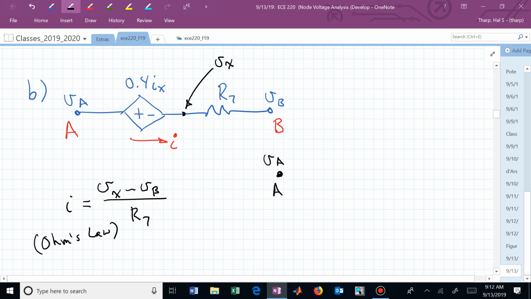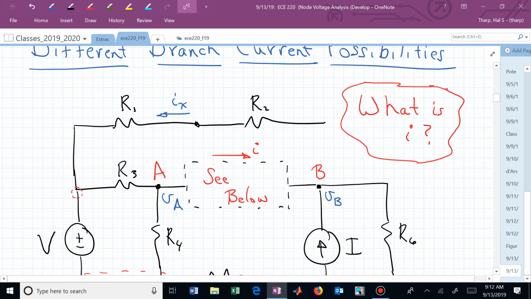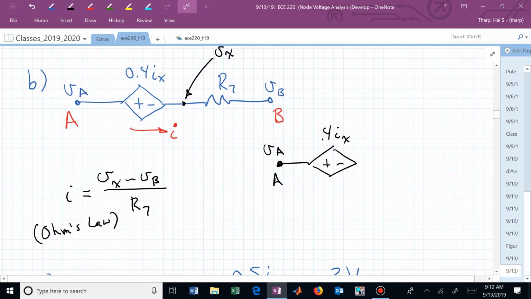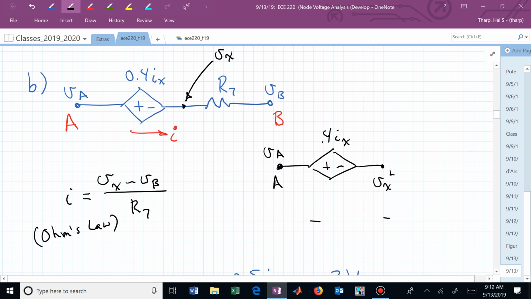You might just draw another picture. Here is that dependent voltage source. And we're assuming that we know I sub x from somewhere else in the circuit. In the circuit, I sub x was there, so we would have to know that relative to this dependent source. And then we get over to what we are labeling V sub x, and we could say that that's relative to the reference node, which is the same node that we're using for V sub a.